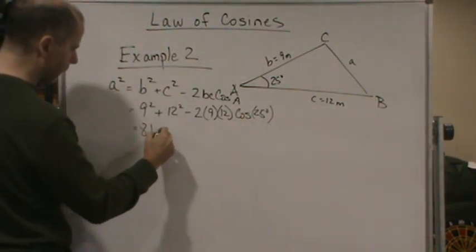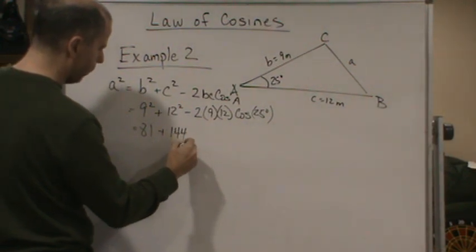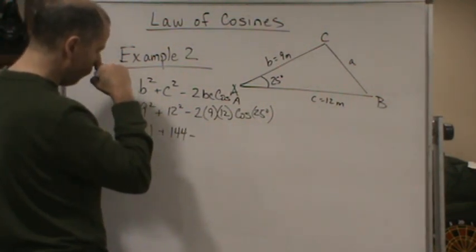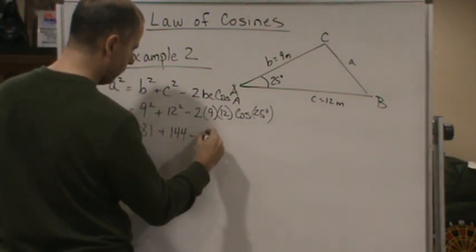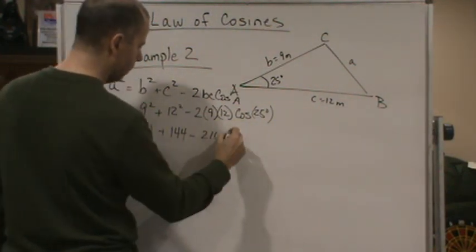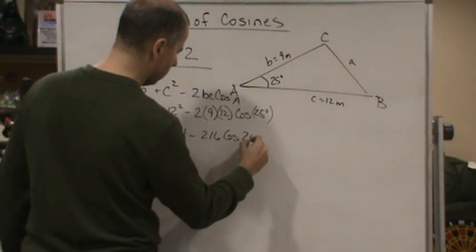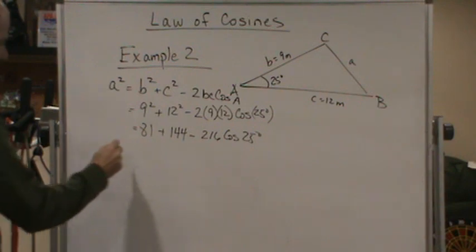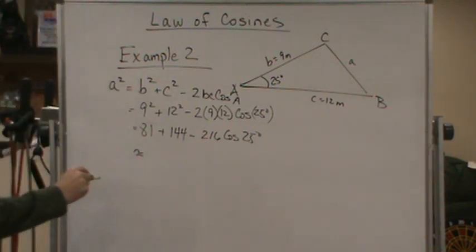So this is going to be 81 plus 144 minus 216 cosine of 25 degrees.